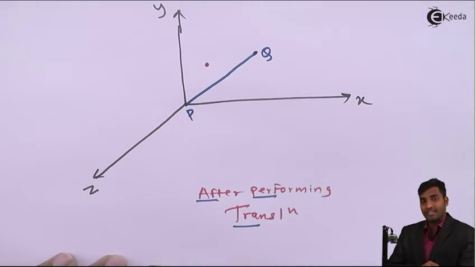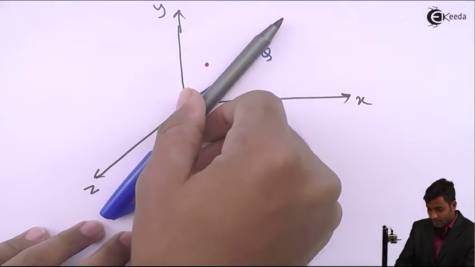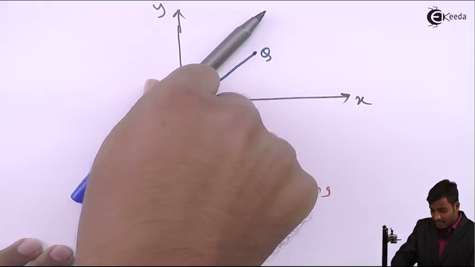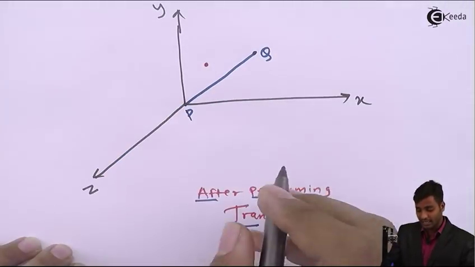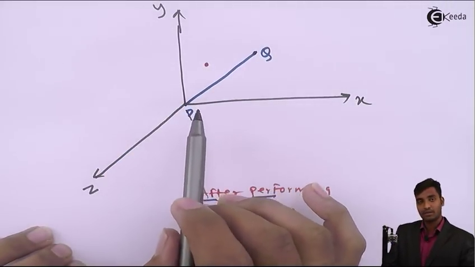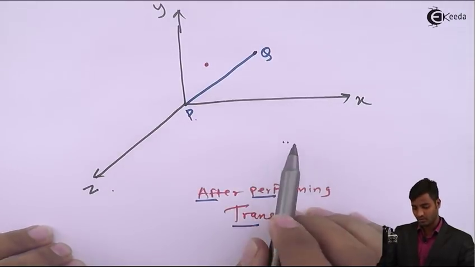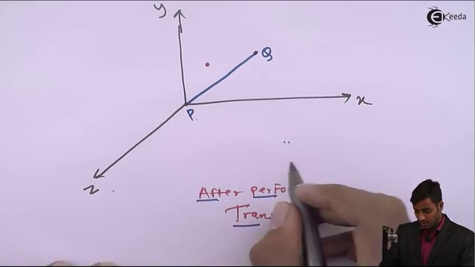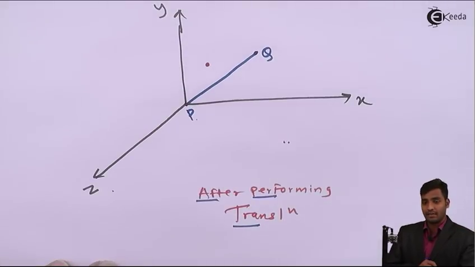Now for the next transformation we will do rotation, because it involves a composite transformation. For that I have to rotate this line anti-clockwise so that the line segment is brought onto the exact plane. For that we will rotate this line in the anti-clockwise direction.